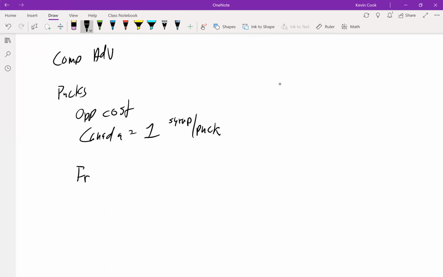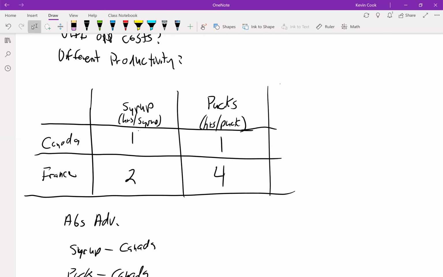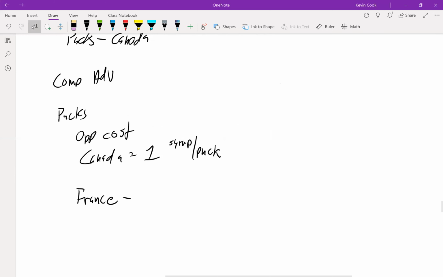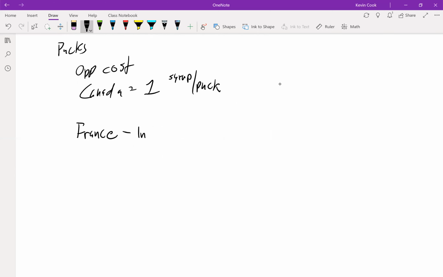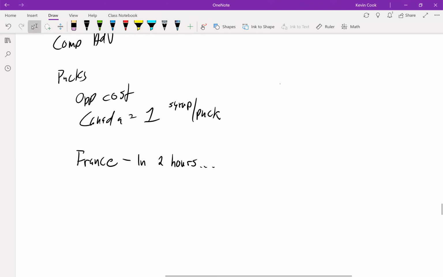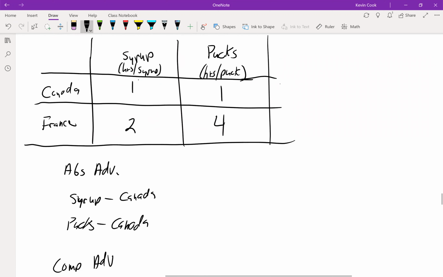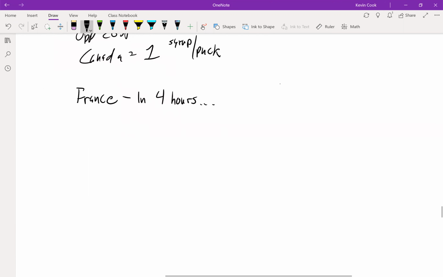France might be a little bit more complicated, but not too much. So we see that they can produce a syrup in 2 hours or a puck in 4 hours. So for France, in 4 hours, France can produce either 1 puck or 2 syrup.